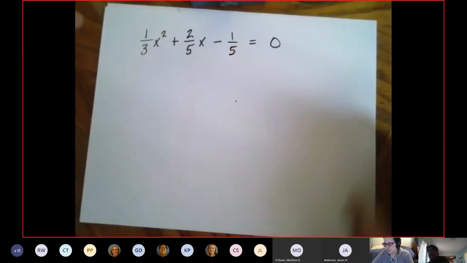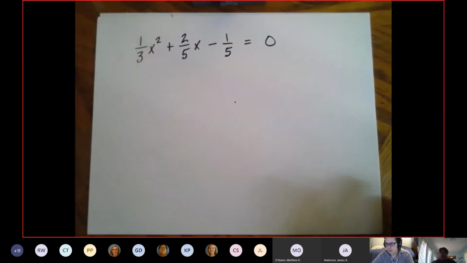Now we're going to do everything. So make sure you give me a vertex. Make sure you give me x-intercepts. Make sure you give me domain, range, increasing and decreasing values. And if you can't do it, just consider yourself a failure.